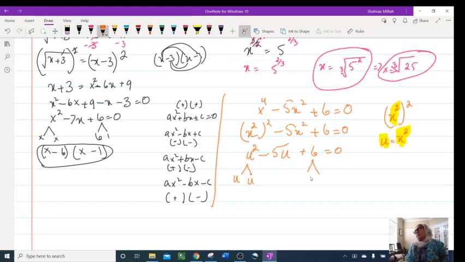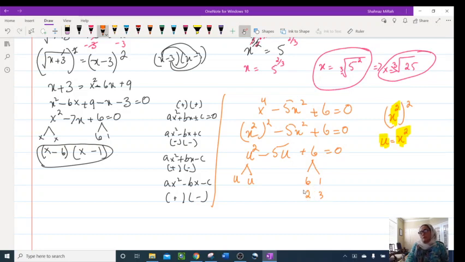Okay, 6 has factors 6 and 1, and 6 has factors 2 and 3 also. So which factors should I pick so I can get 5? If I do 2 and 3, I add them, I get 5. If I pick 6 and 1 and I subtract, I'll get 5. Both of them work, by the way. So let's pick 2 and 3.